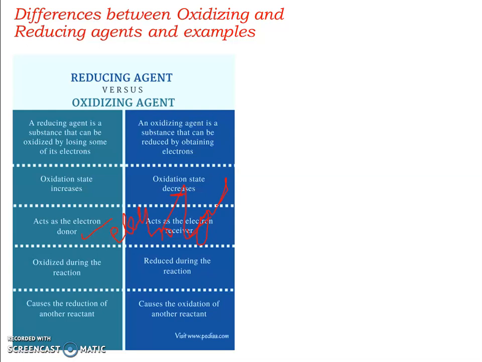The one that is reduced is the oxidizing agent, while the one that is oxidized is the reducing agent. That's how it works. Now, the last contrast you have is that a reducing agent is a substance that brings about the reduction of another reactant, while the oxidizing agent is a substance that brings about the oxidation of another reactant.